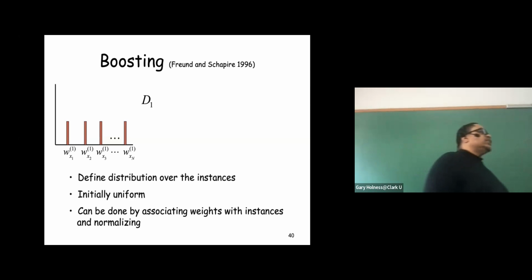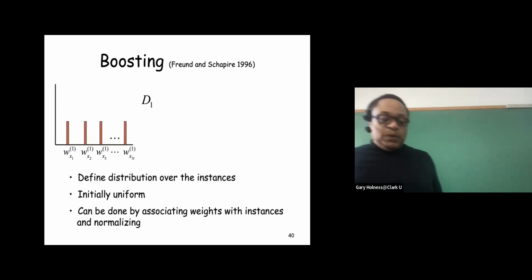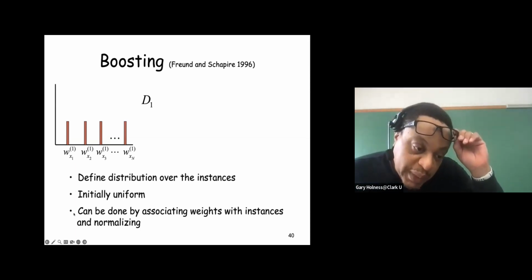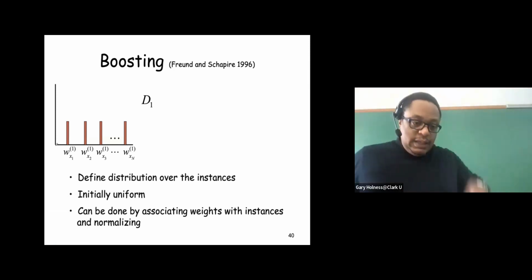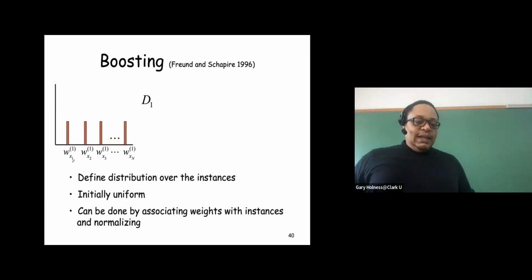But what boosting starts out with, here we have depicted along the horizontal axis each one of our inputs. So if you have n many training inputs, let me wake up the pen. We'll do blue this time. You'll notice here there's a weight associated with each training input.